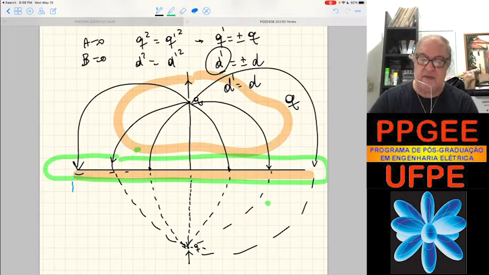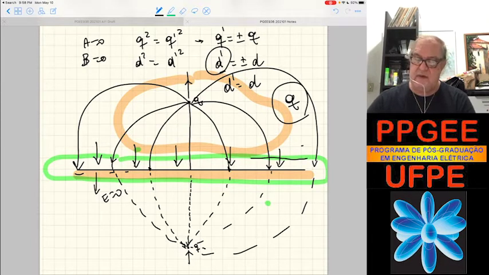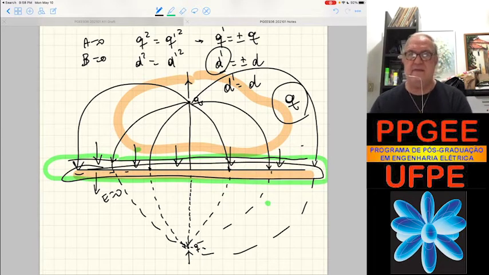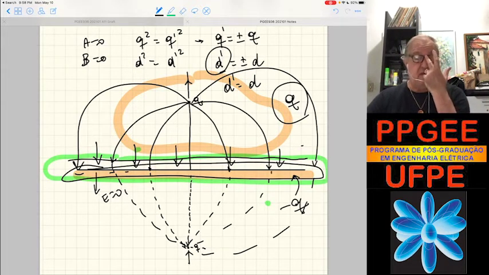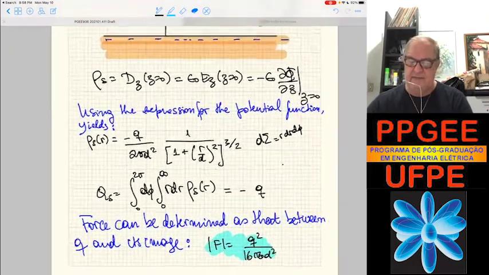The field here equals 0. So all the flux is on the upper part of this green Gaussian surface. All the q coulombs are going to traverse this green surface and end up on the grounded plane. So the induced charge is going to be minus q. Flux conservation, charge conservation. So you can calculate that by integrating.